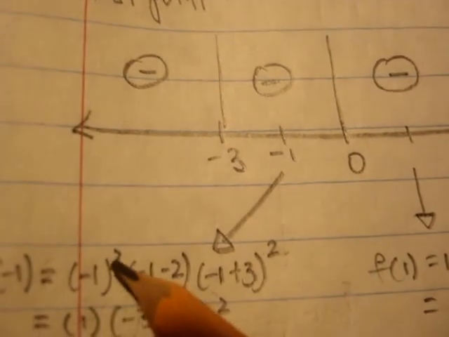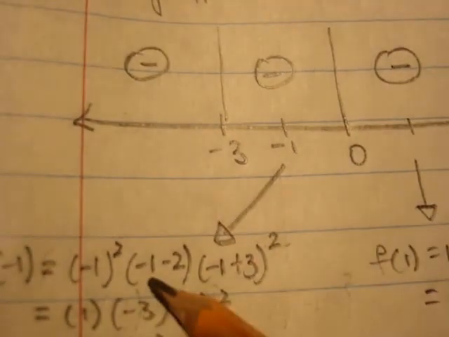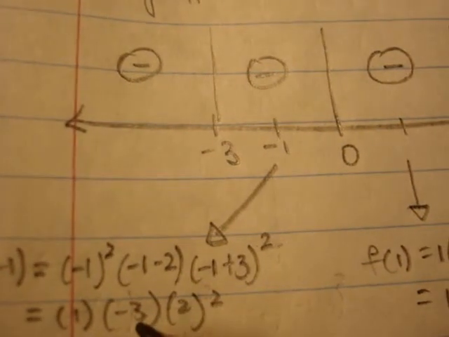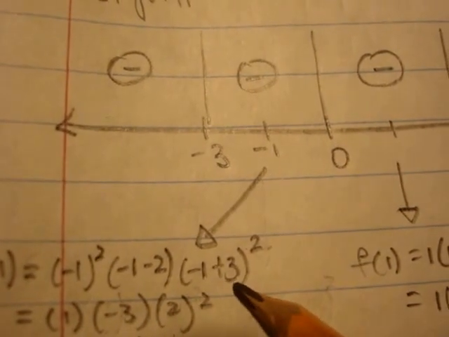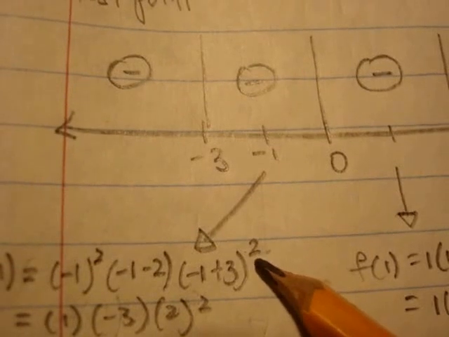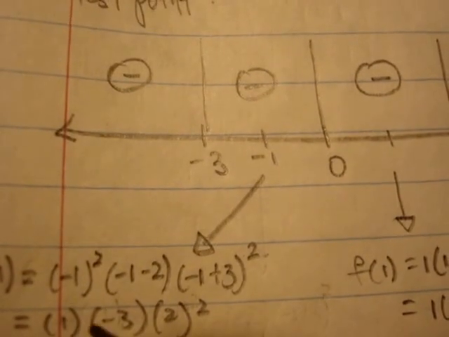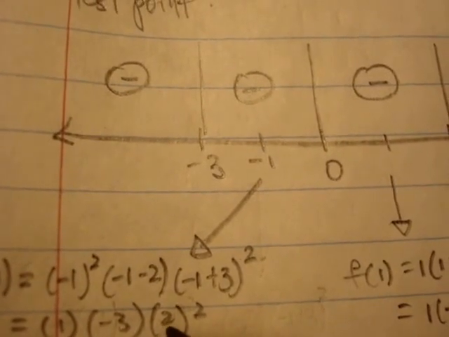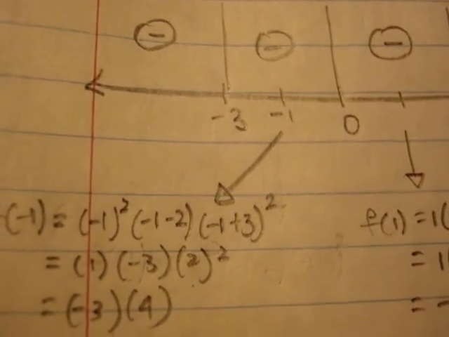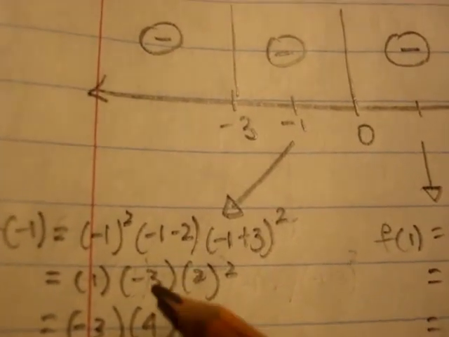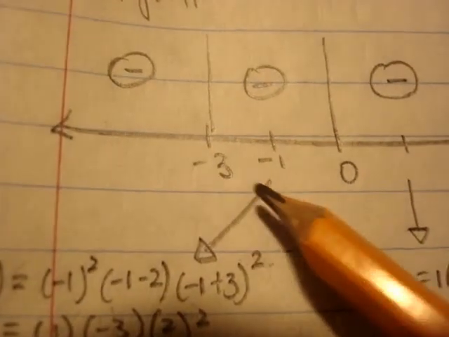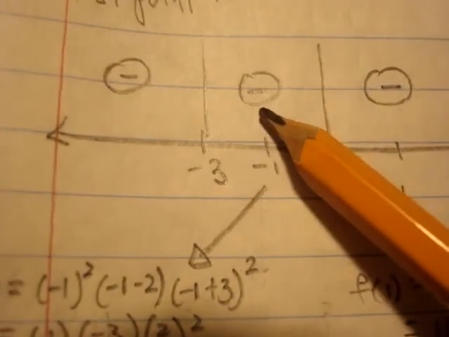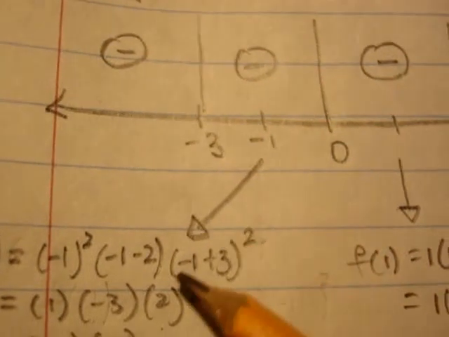So negative 1 raised to the second power will be 1. Negative 1 minus 2 will be negative 3. And negative 1 plus 3 will be 2 raised to the second power. So 1 times negative 3 times 4 will be negative 12. So between negative 3 and 0, the function is negative.